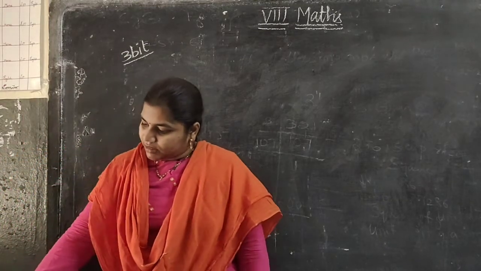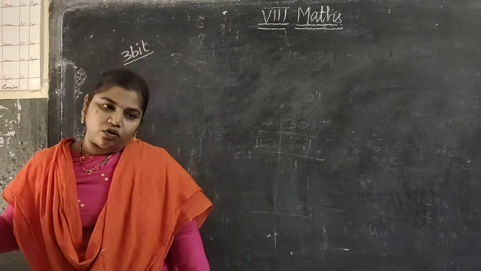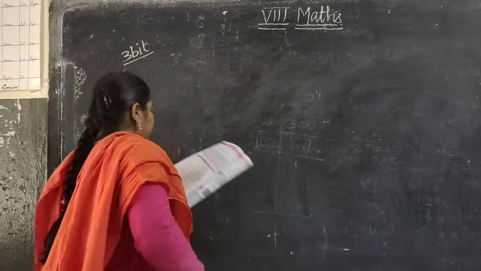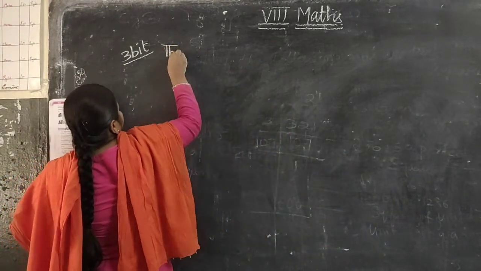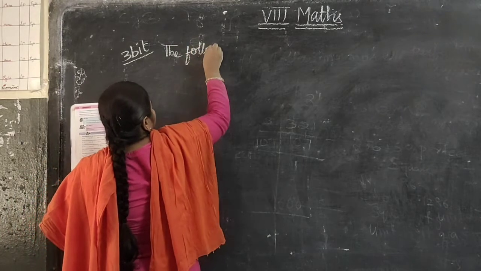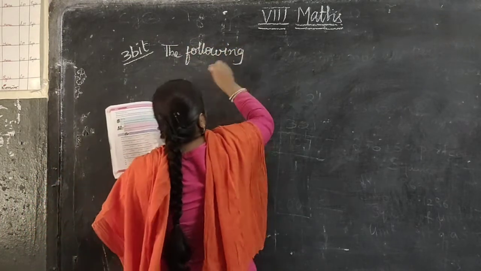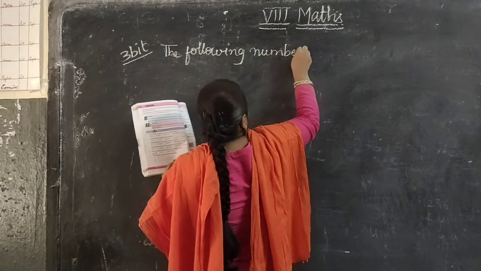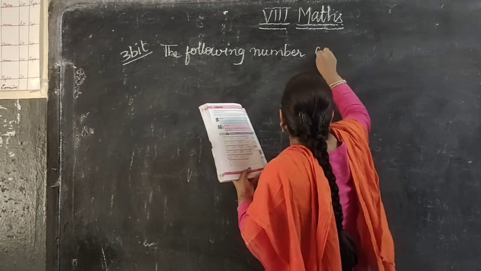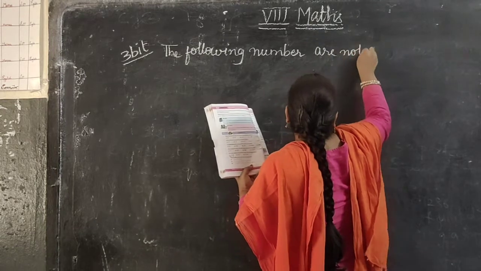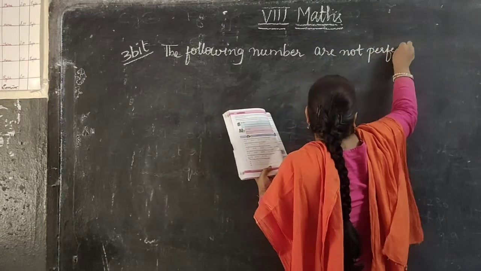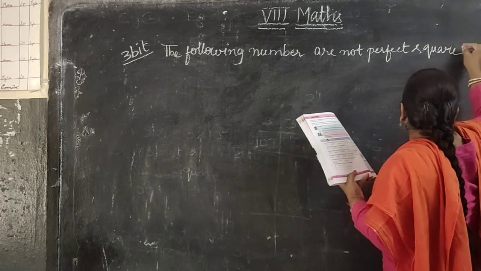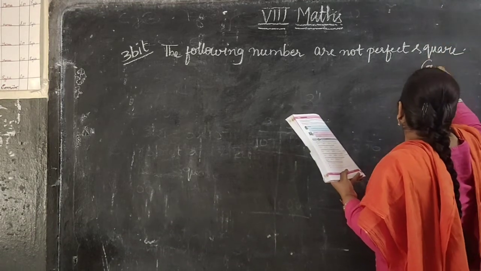The following numbers are not perfect squares, give reason. They are not perfect squares, but why do we have to mention that? So the third bit is: the following numbers are not perfect squares. Give reason.